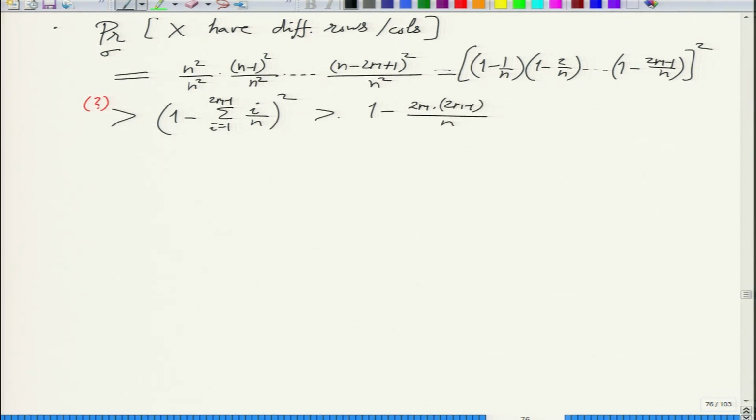So for the square we take the 2 inside, and then sigma i is what we have estimated. This comes out to be more than 1 minus 4 over 25. So this is a huge probability. With a very large probability, the variables in x will have different rows and columns.